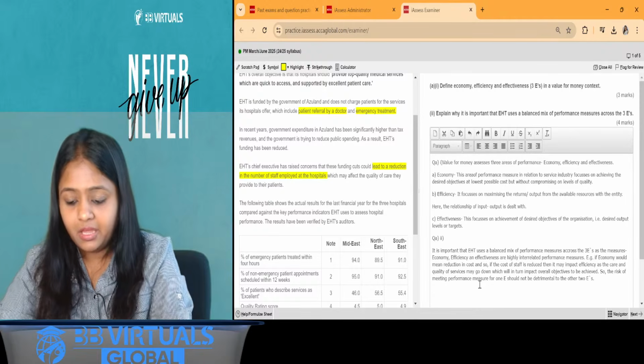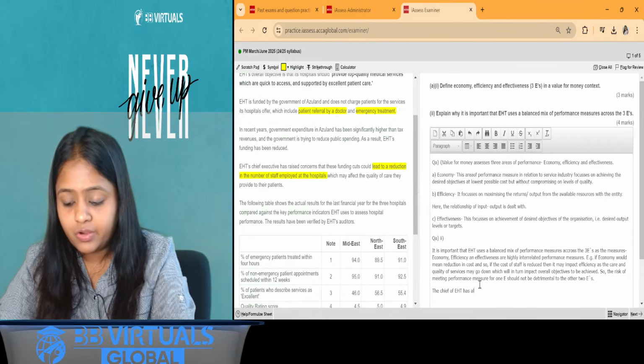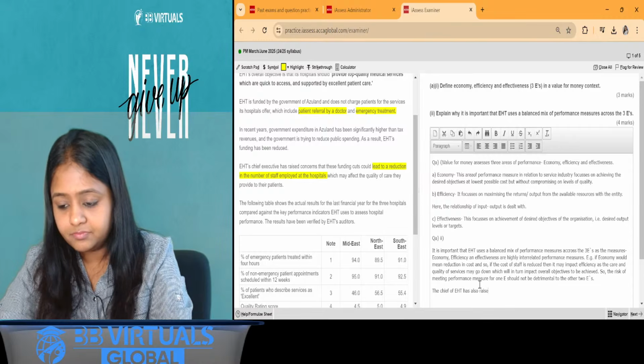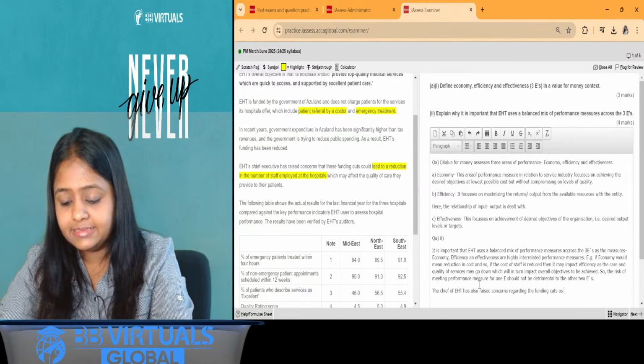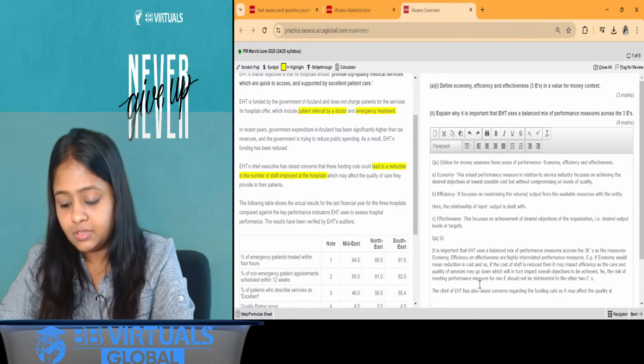You can write here that the chief of EHT has also raised concerns regarding the funding cuts, as it may affect the quality of the care provided to the patients.